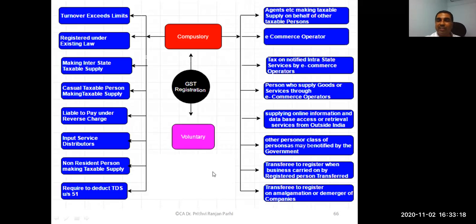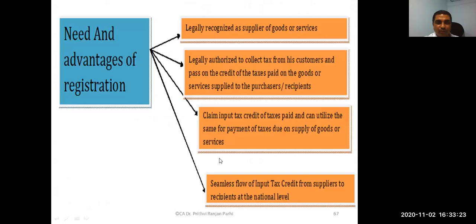Even if mandatory registration is not required, people may still go for voluntary registration because, as we know, it has several advantages. If you have a GST registration, first of all, legally you are recognized as a supplier of goods and services. You are legally authorized to collect tax from the customer and pass on the credit. You can avail ITC. You know this concept.